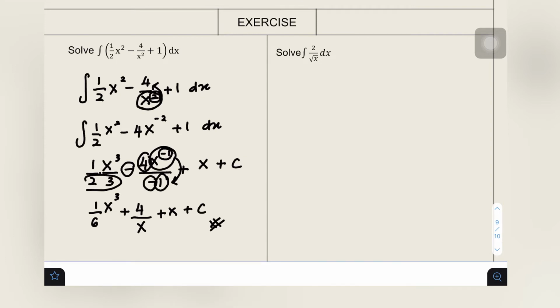All right. So what if you are asked to solve 2 over square root of x? Okay, the first one, you cannot integrate x when x is at the bottom, in the denominator. You need to change the position of x. The second one, you cannot integrate a square root. You need to change the square root into a power. I have shown you before how to change the square root to become a power.